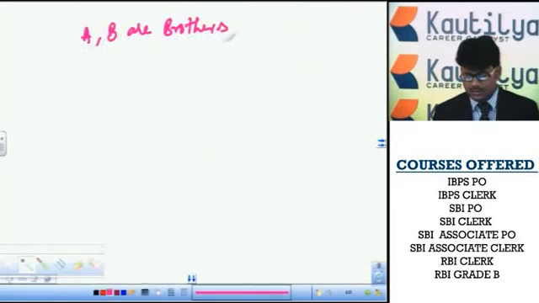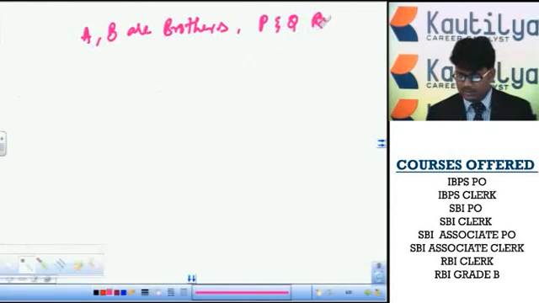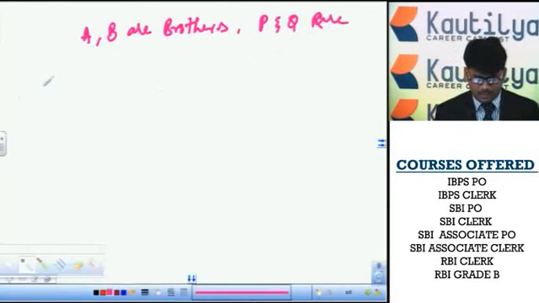A and B are brothers, and P and Q are couples.